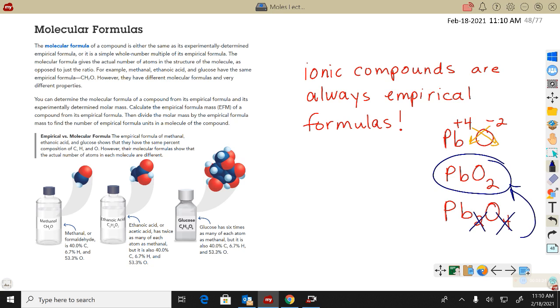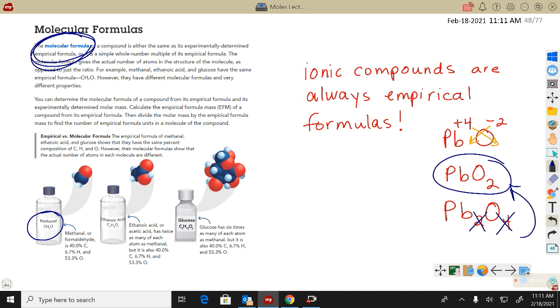They all simplify to the same little empirical formula, but often with covalents, which are all nonmetals, you just get these bigger versions of that little empirical formula. Those are called molecular formulas. It's like the real formula of the molecule.